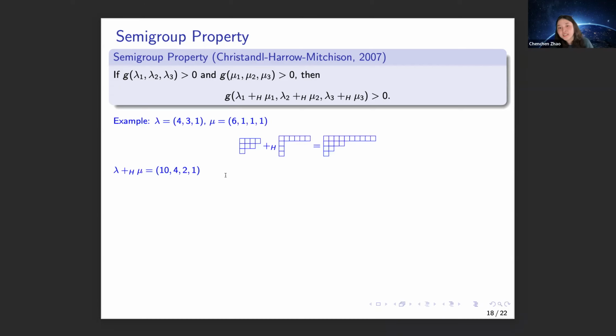By adding them up horizontally, we just add them row by row. Here, the left partition is a partition of size 4, 3, 1, and the right one is a partition of size 6, 1, 1, 1. So we are adding the first row to the first row, so we're getting 10, 4, 1, plus 1, 2, and 1.